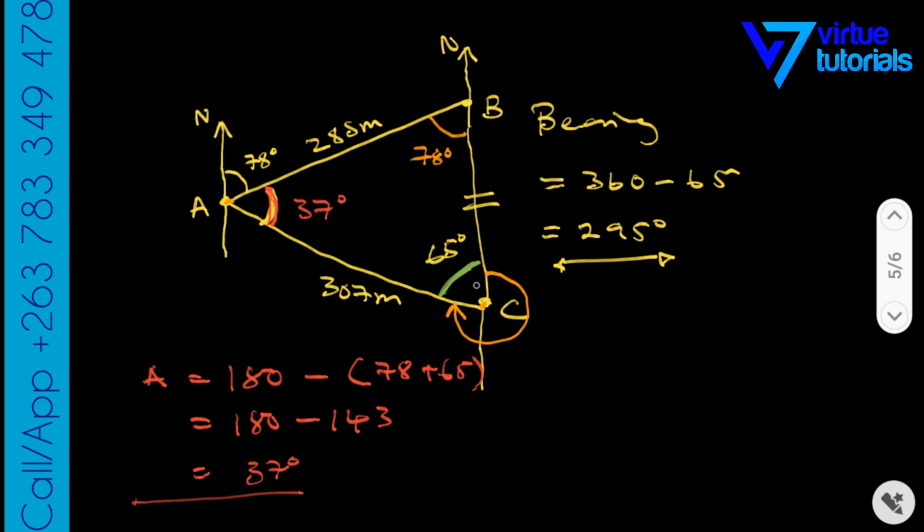Once I know that, I can calculate now this side. I'll call this side small letter a, opposite A, using sine rule.